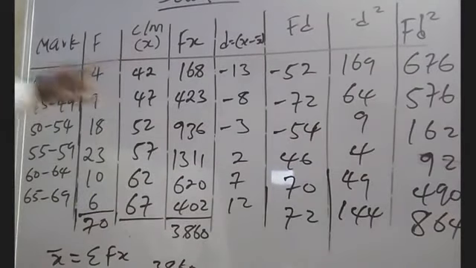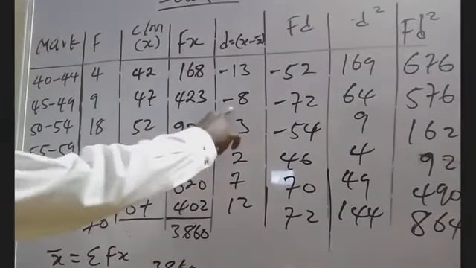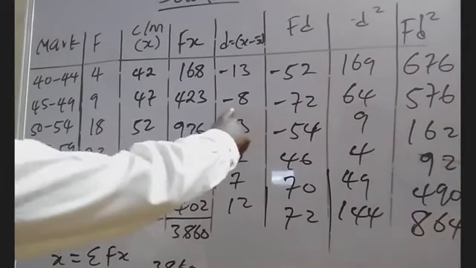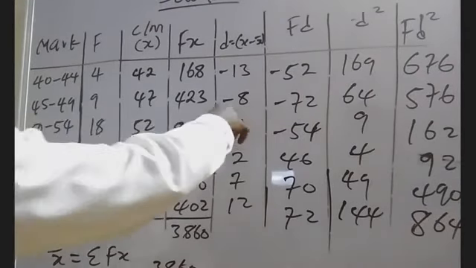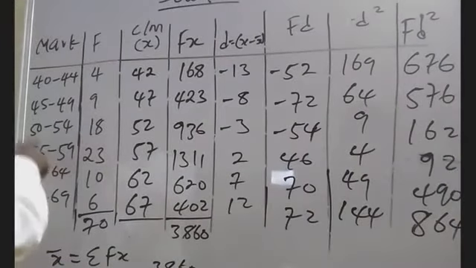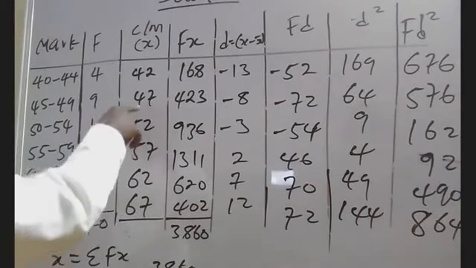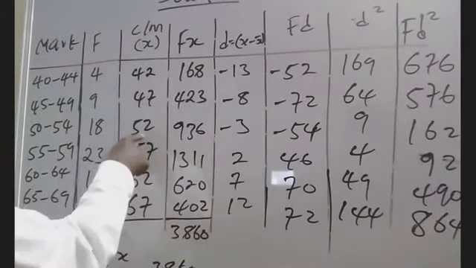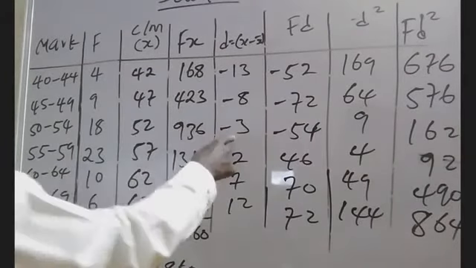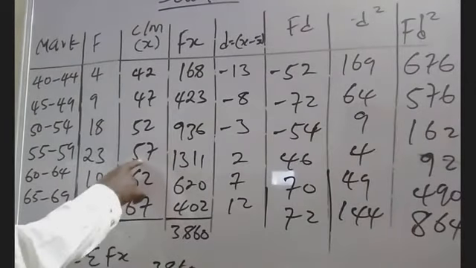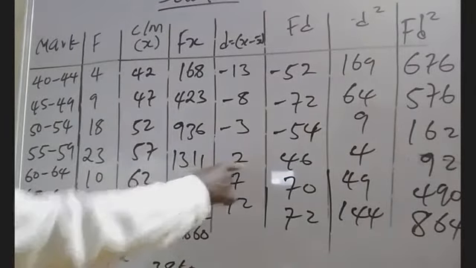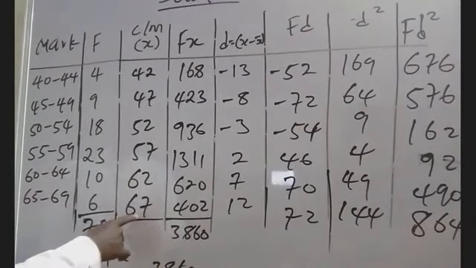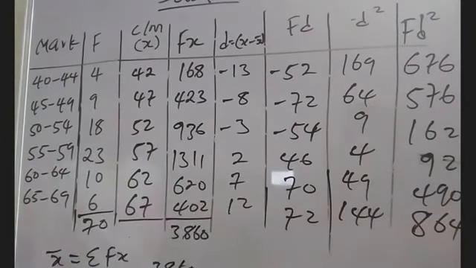Then minus 8, that is, you have your mean, 55, from 47 to give you minus 8. Then you have 52 minus 55, that is minus 3. 57 minus 55 is 2. 62 minus 55 is 7. And 67 minus 55 is 12.